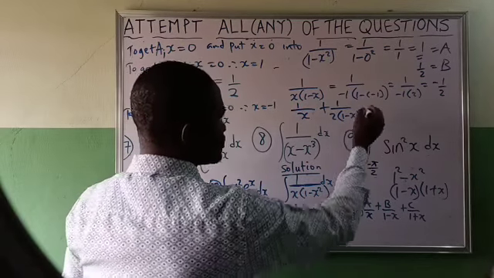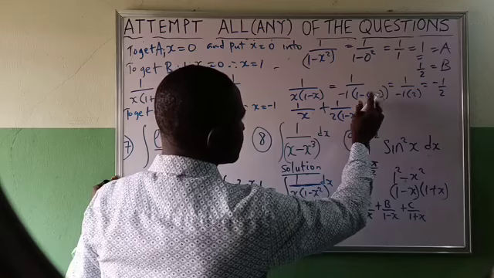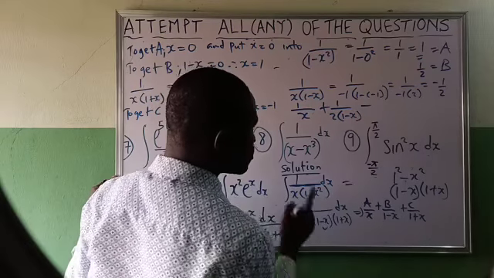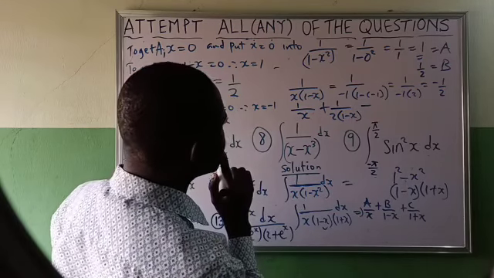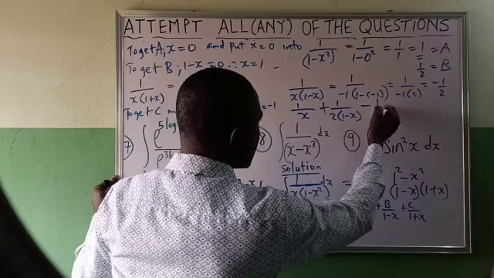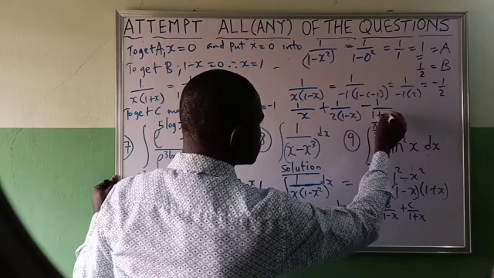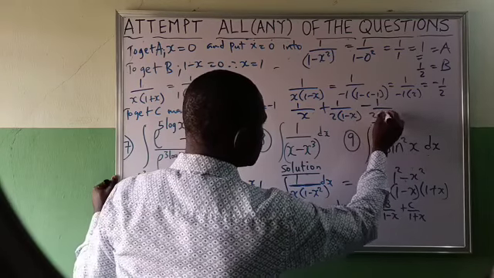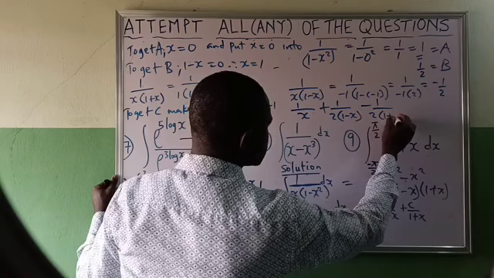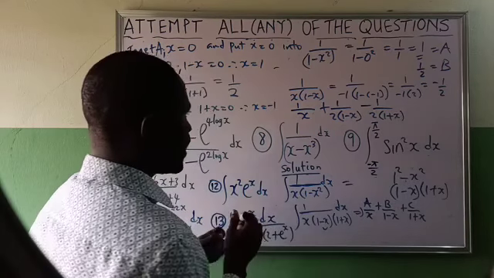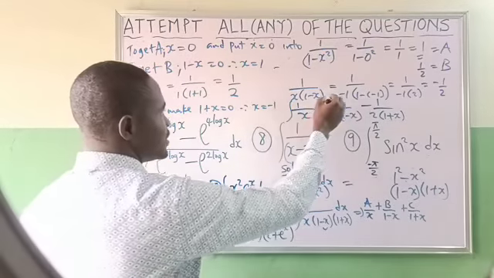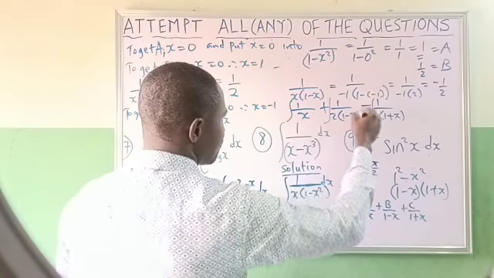What is my c? My c is minus 1 over 2 bracket 1 plus x. Then I will now integrate it one after the other.